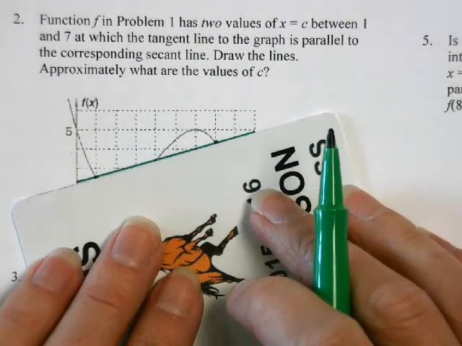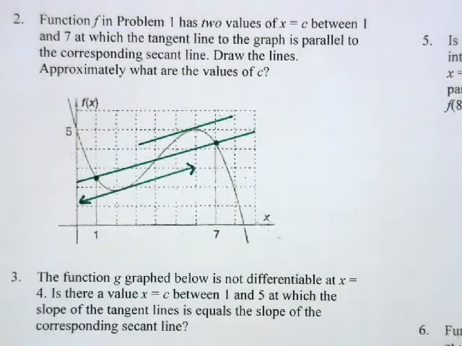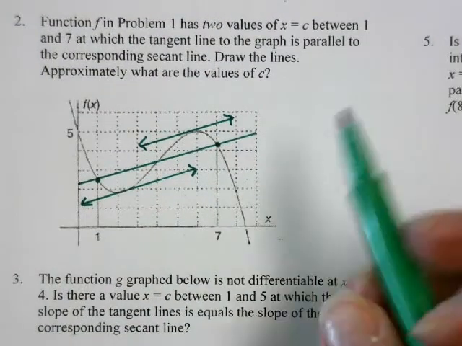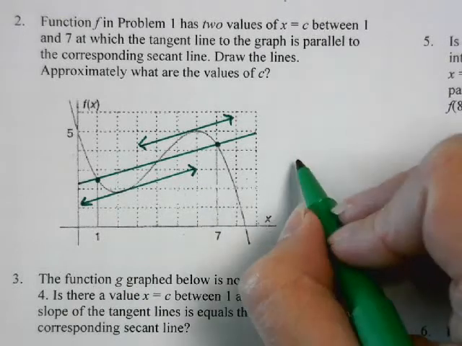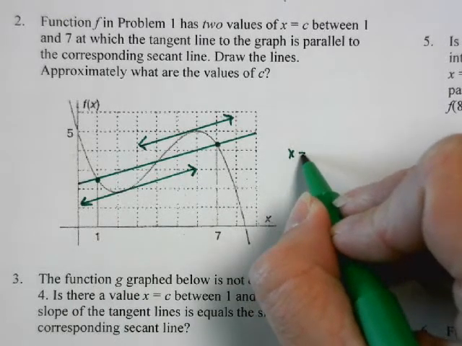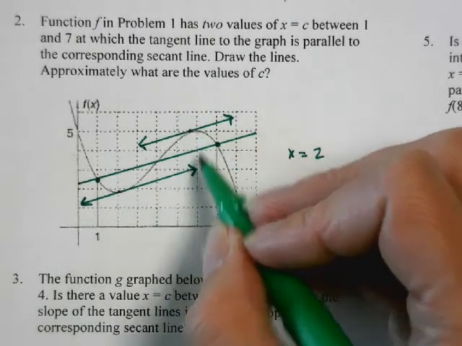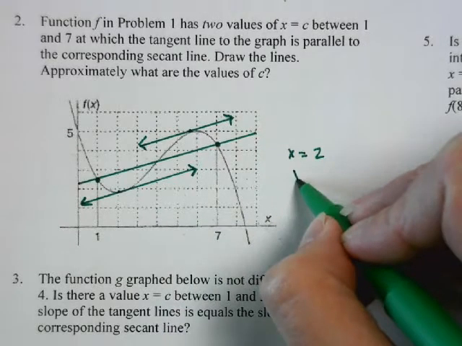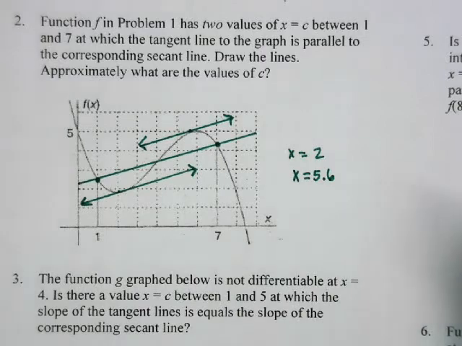And then there's going to be the one if I go up. So the approximate values, this one's about 2. And this one's, I don't know, 1, 2, 3, 4, 5, so about 5.5, 5.6.